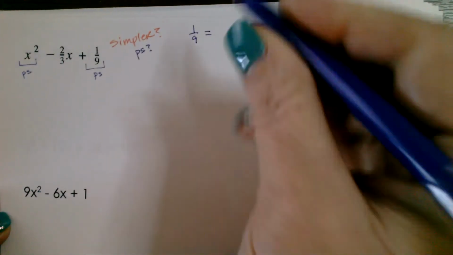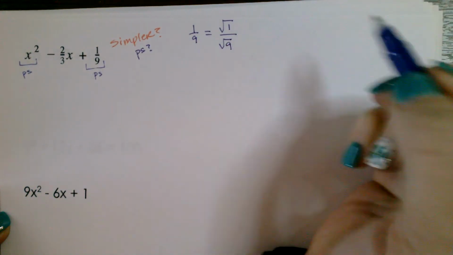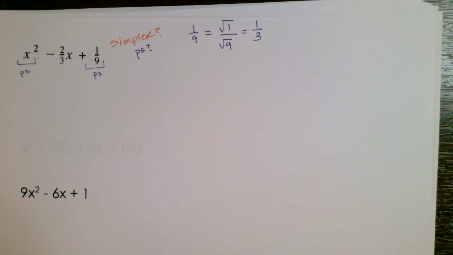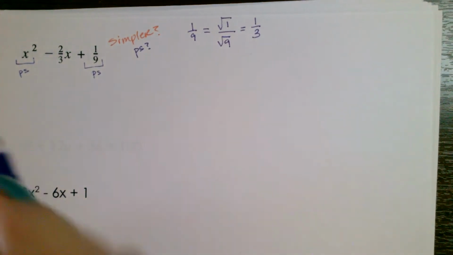To determine if it's a perfect square, you take the square root of the numerator, the square root of the denominator, and I get 1/3. All right. Oh, so that is a perfect square because I could take the square root of each.